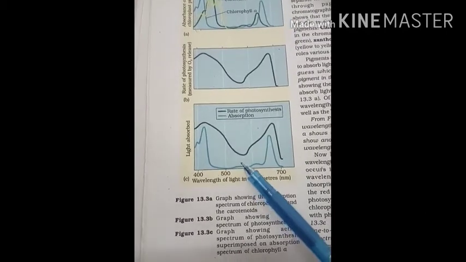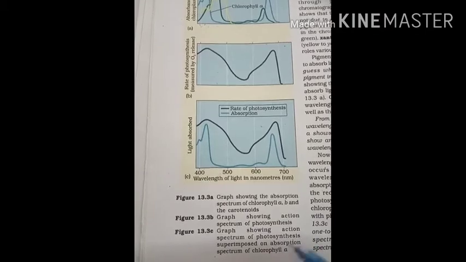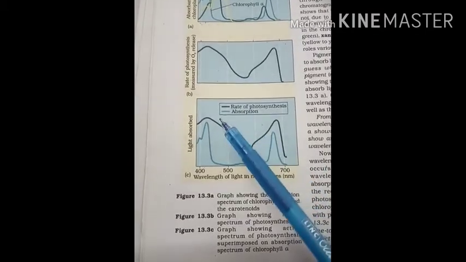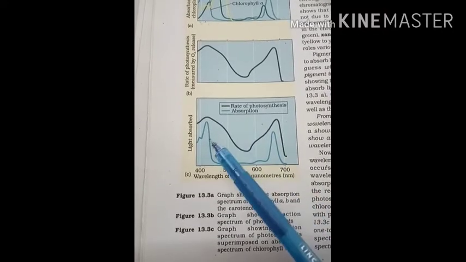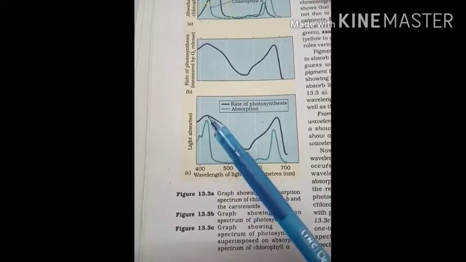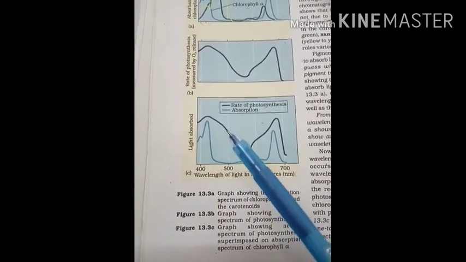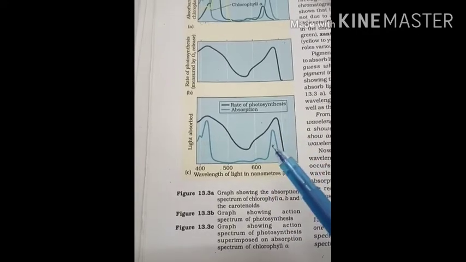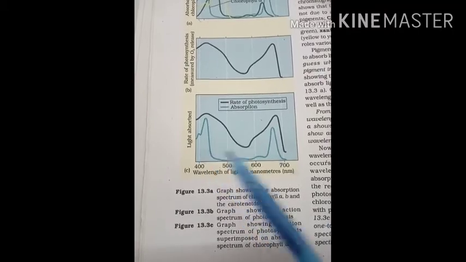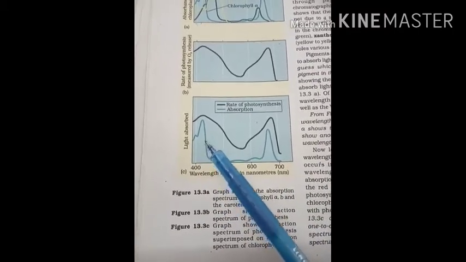The third diagram shows the action spectrum of photosynthesis superimposed on the absorption spectrum of chlorophyll A pigment. Here we observe the absorption spectrum, shown with the blue line, and the action spectrum, which is the rate of photosynthesis, superimposed upon it. Wherever the absorption is much greater, in these two different wavelengths of light, the rate of action is also much greater.